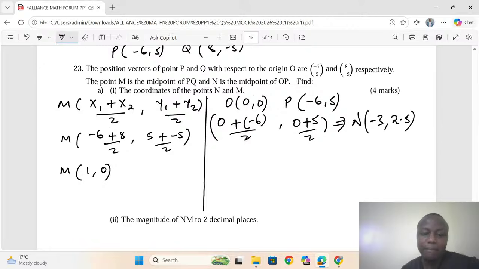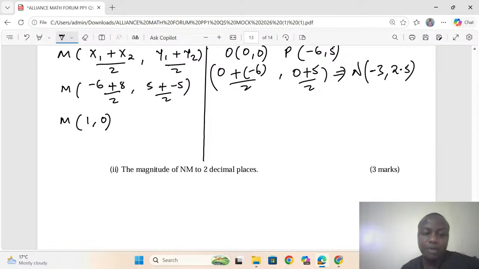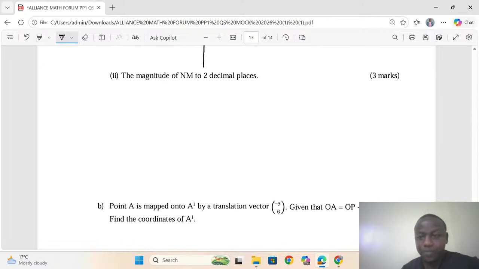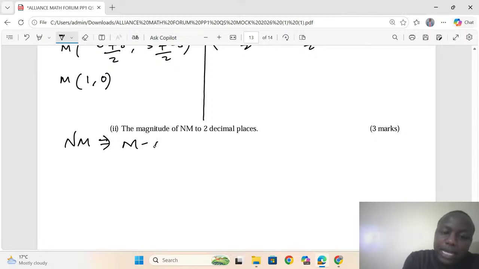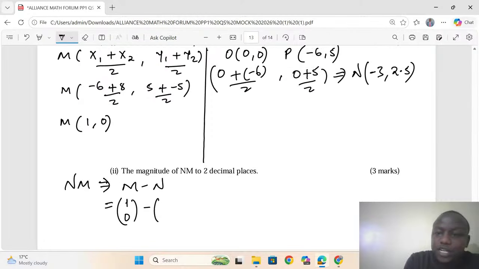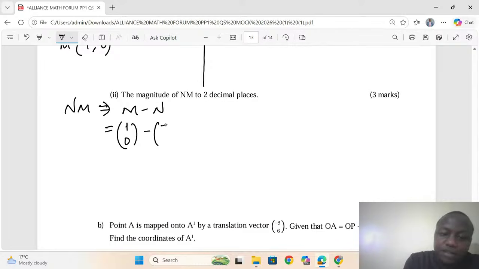With N and M, we can proceed to Roman 2. The question is telling us to find the magnitude of NM. You have to find the vector first, M minus N. M is (1, 0), N is (-3, 2.5).